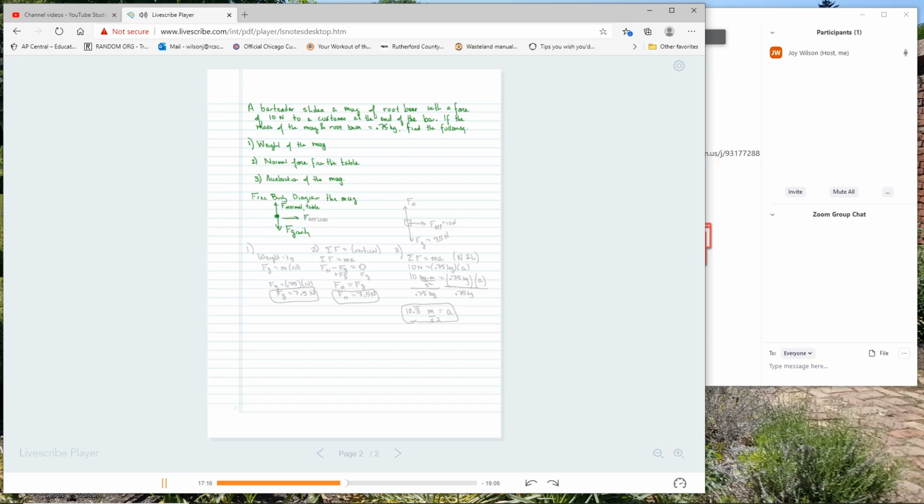So when I draw this free body diagram, I would draw it like this. Force normal, force gravity, force applied. So I can see my forces. I'm writing all the words out so you know what the subscripts mean, what the abbreviations are.